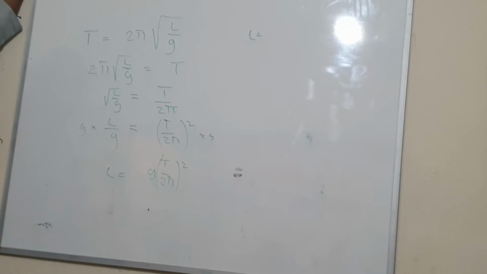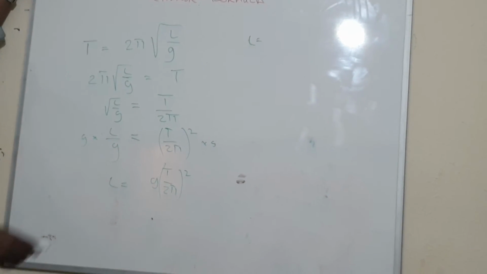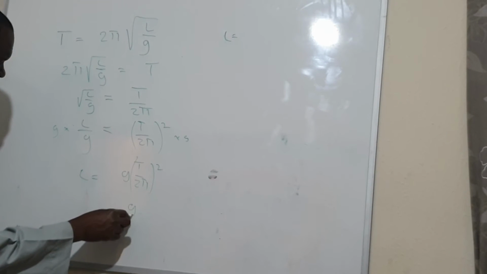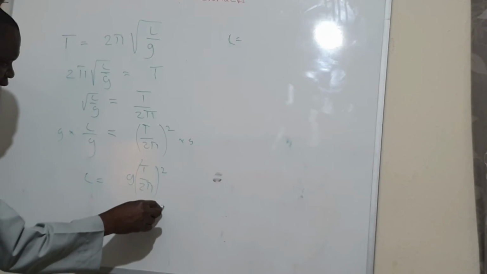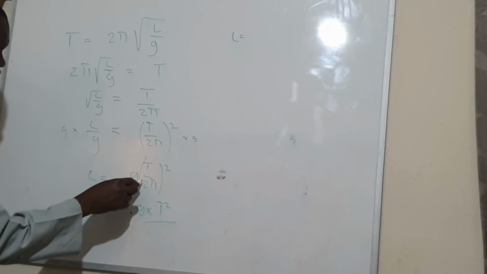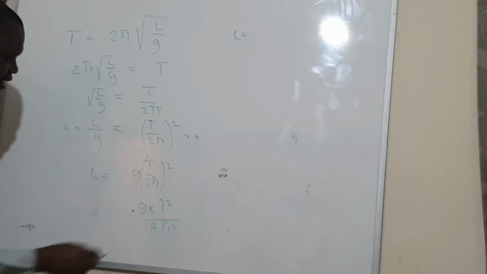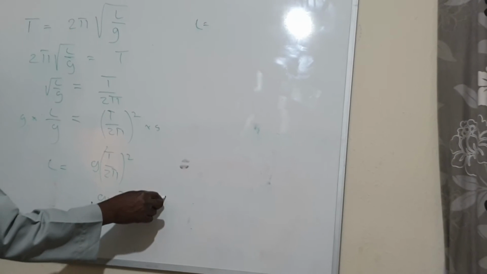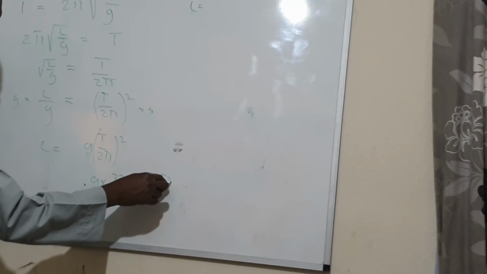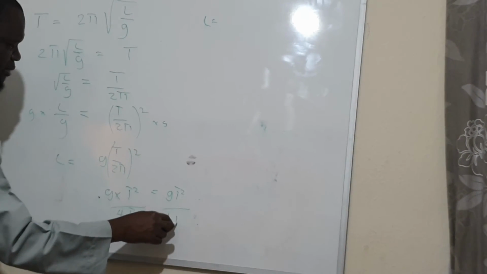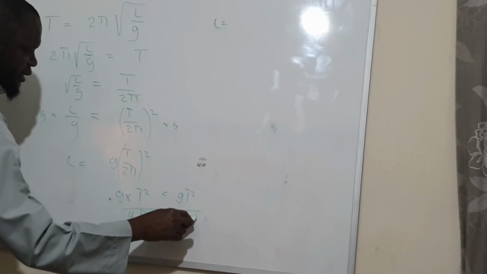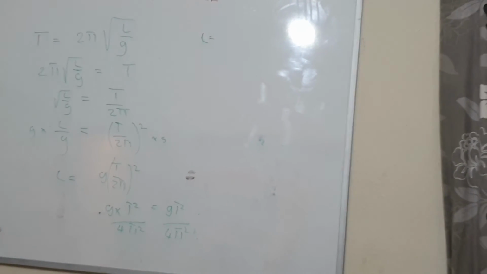Is this nice? No, it doesn't look nice mathematically. So we say this is G times T squared over, what is 2 squared? 4. What is pi squared? Pi squared. Is this not a nicer one? Over 4 pi squared. That looks nice.